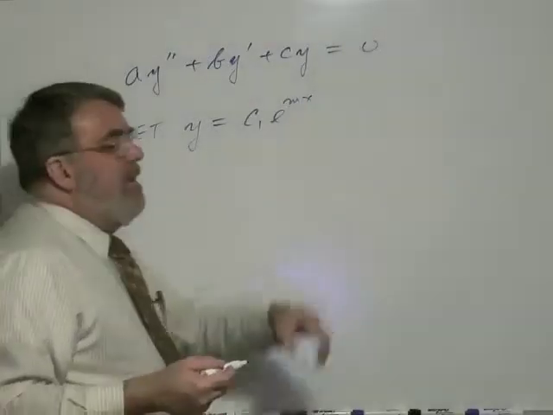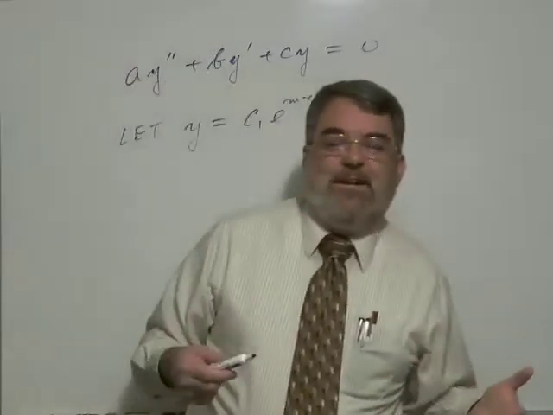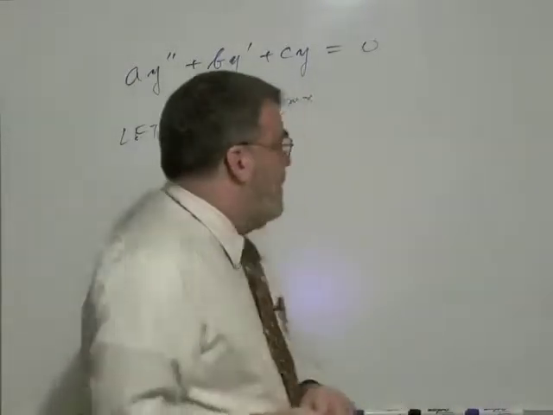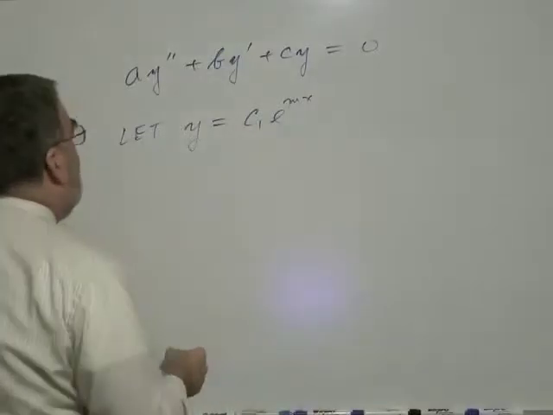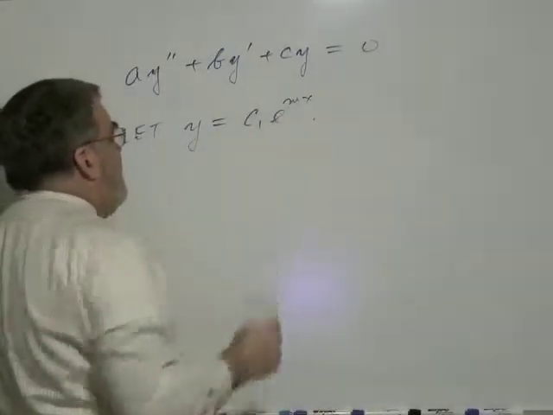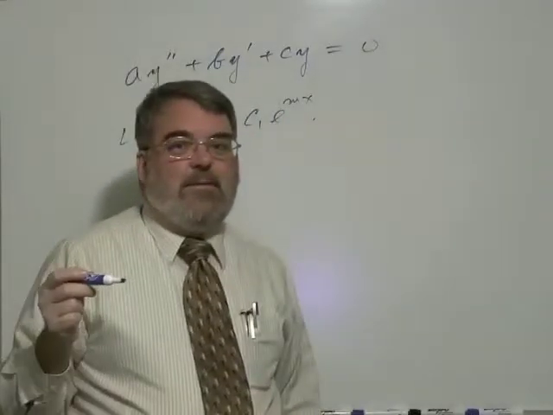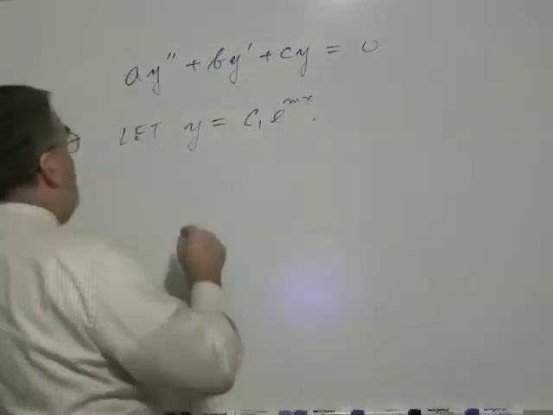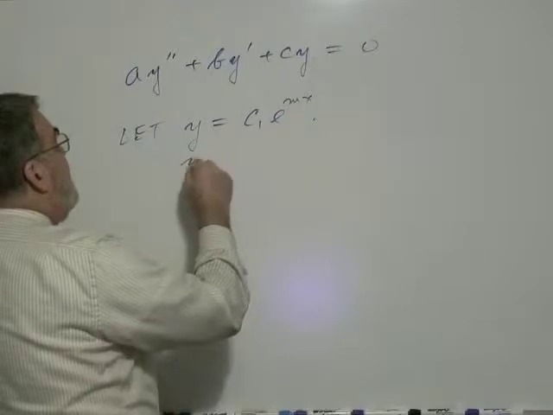And letter m, it turns out, is kind of a traditional letter in differential equations. So that's why I used m. I'm going to make an assumption that that may be a solution to my problem, and let's just check it out and see if it is.